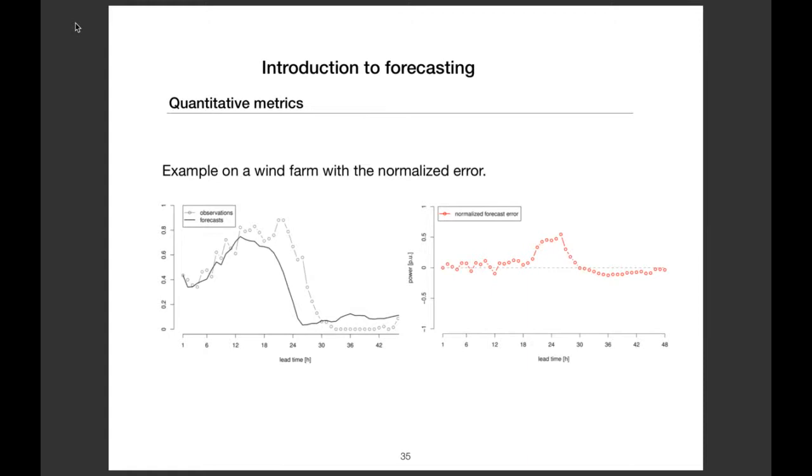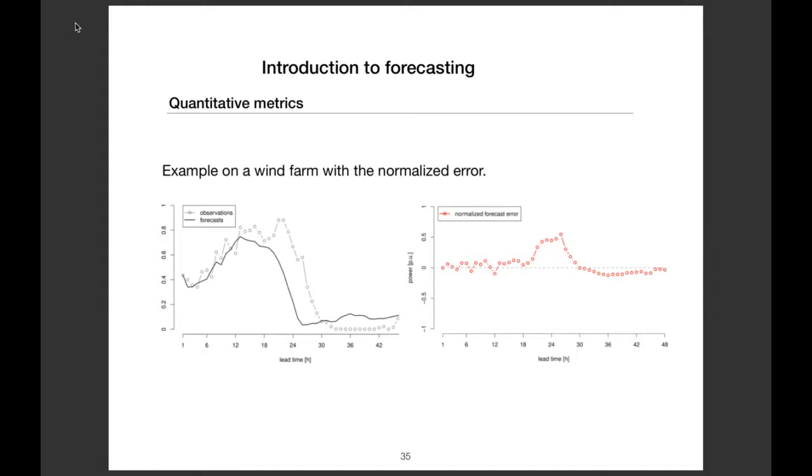So you can see that for the first lead times, here expressed in hours, so for the first 18 hours, the normalized forecasting error is quite small, and it corresponds to the graph on the left because there are not so many differences between the observations and the forecast.